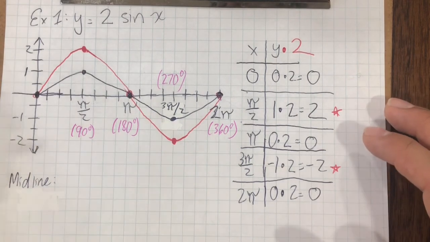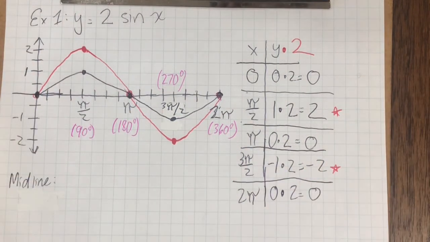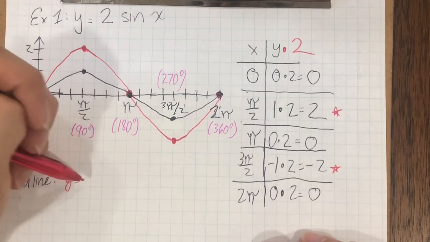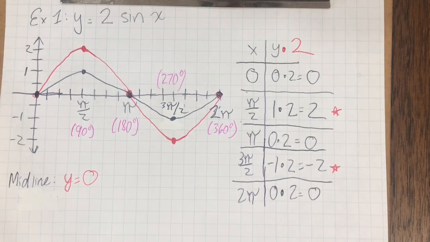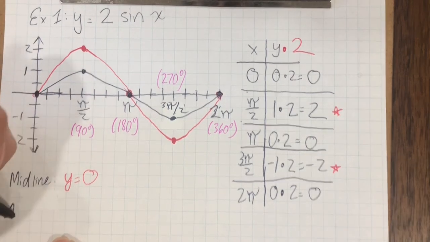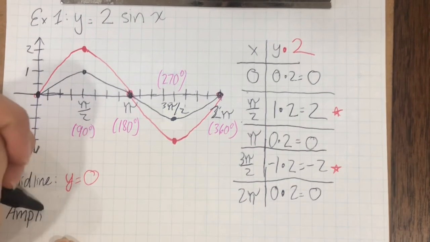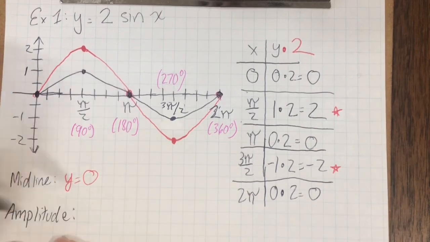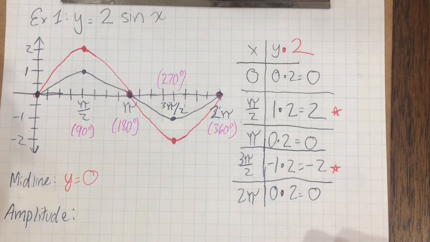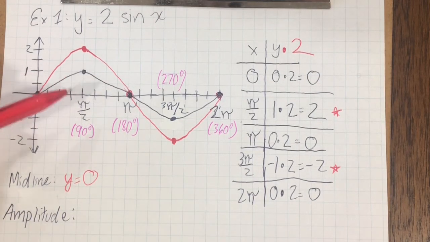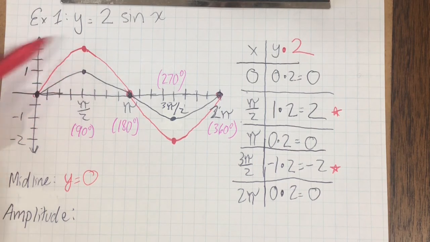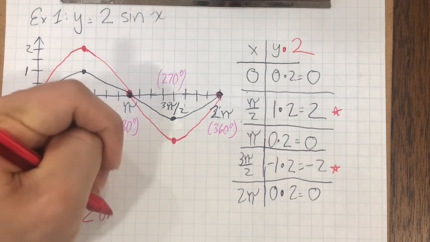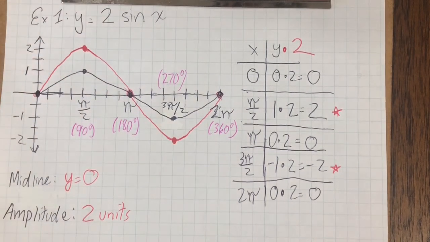So my midline for the new graph is y equals 0. All right? And then we have the amplitude for my new graph. If we look at the change of the amplitude, we see that the amplitude changed from 1 unit to 2 units. All right? So my amplitude for the new graph is 2 units.